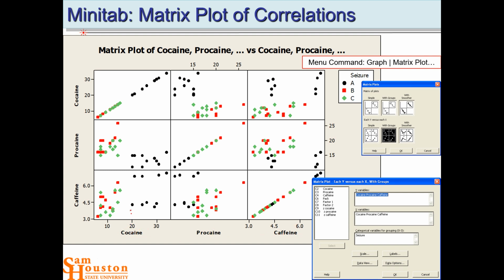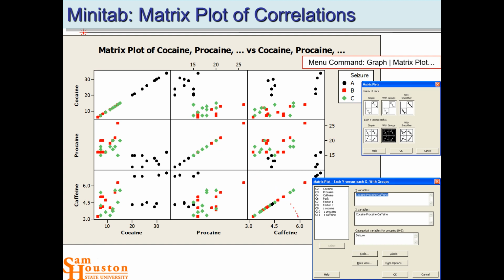So it makes sense that if you plotted cocaine versus cocaine, you'd have a straight line. Okay? And procaine versus procaine, straight line. And caffeine versus caffeine, straight line. But we've also color-coded them based on A, B, and C.